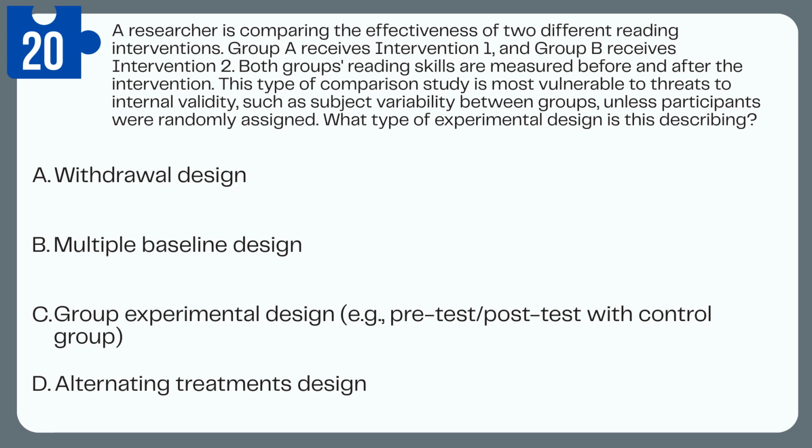Question 20. A researcher is comparing the effectiveness of two different reading interventions. Group A receives intervention 1, and Group B receives intervention 2. Both groups' reading skills are measured before and after the intervention. This type of comparison study is most vulnerable to threats to internal validity, such as subject variability between groups, unless participants were randomly assigned.